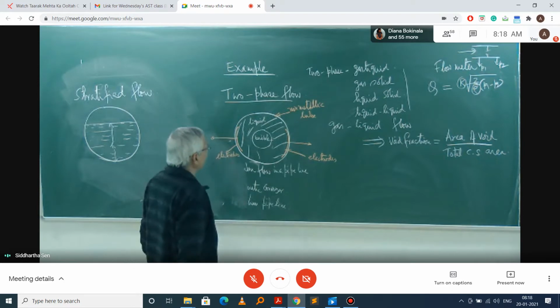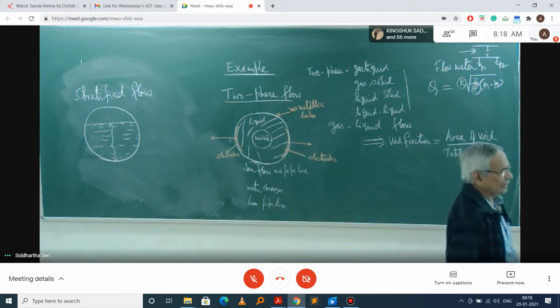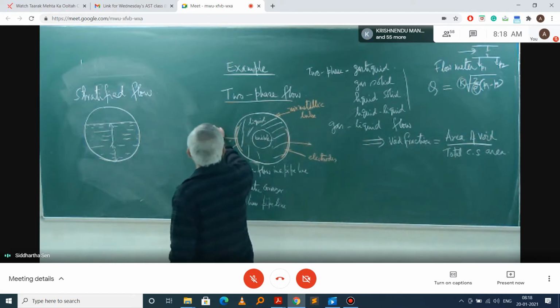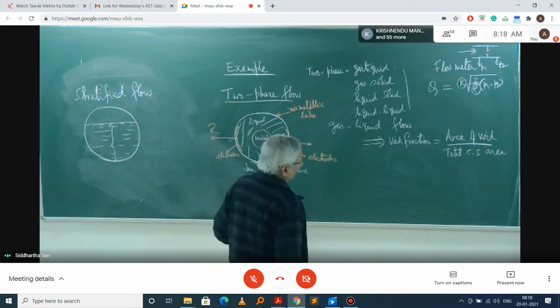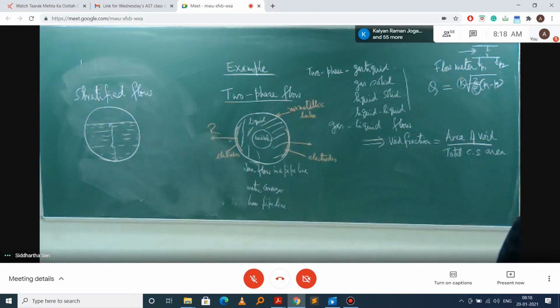So between these two electrodes, the water is flowing like this there. And you measure, say for example, either resistance or the capacitance also. I am just considering the resistance itself.